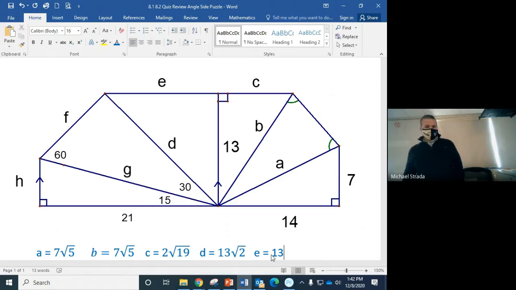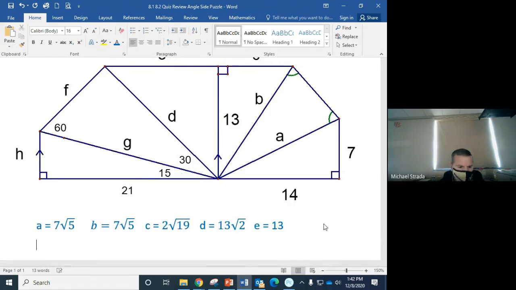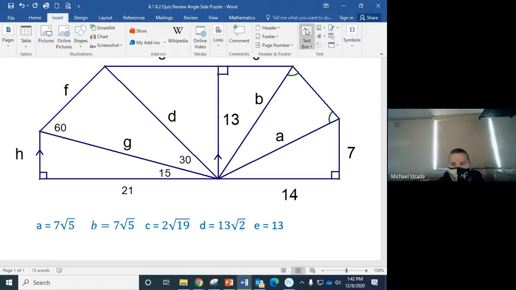All right. Now I got to work a little bit. All right. So if D is 13 root 2, that means that F is, this is going to look a little tricky.